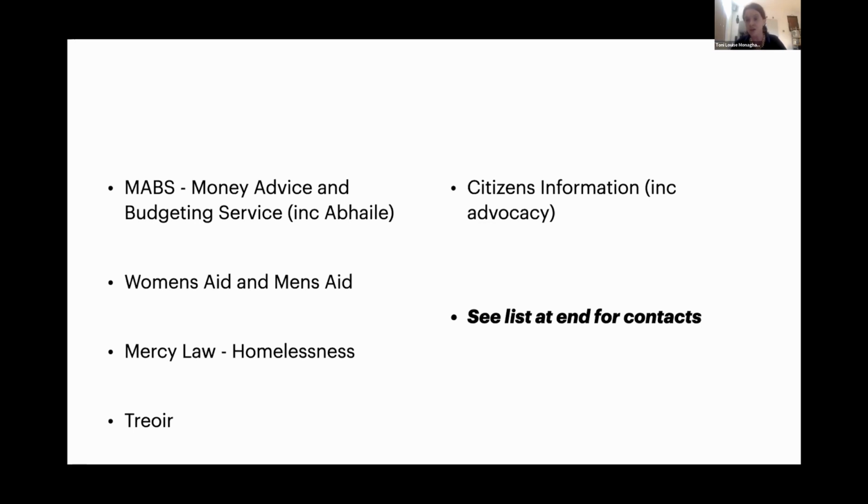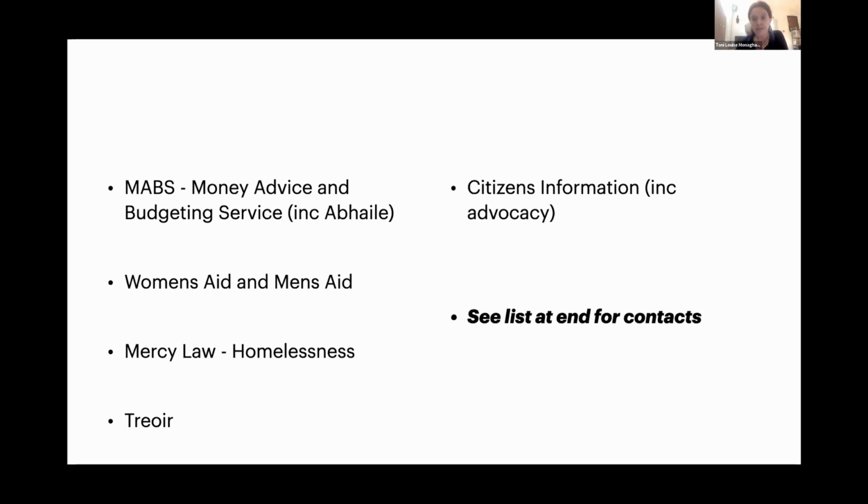They also have the Abhaile scheme, which is in conjunction with the Legal Aid Board, where they can advise and liaise between the client and the bank in terms of finding a solution that works for that household on mortgage arrears or where there's a threat of repossession. Under that scheme, the client can also get a certificate for free legal advice and/or free financial advice. So that's a really good service there.